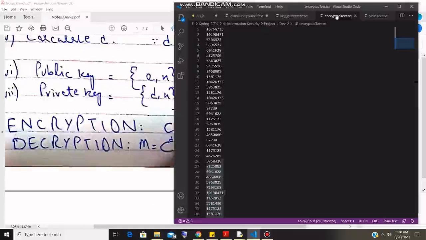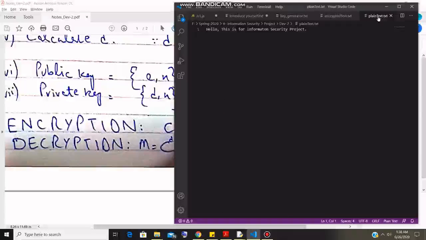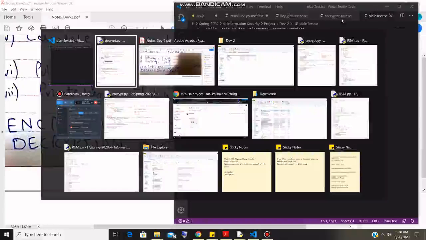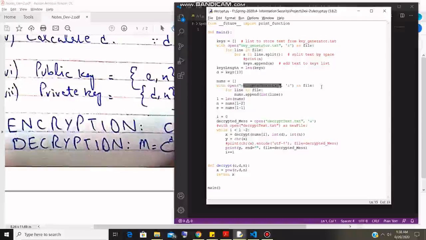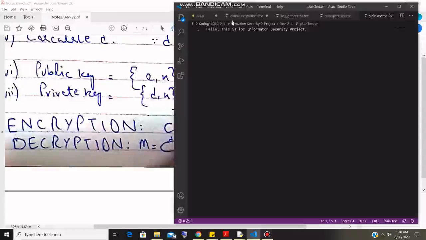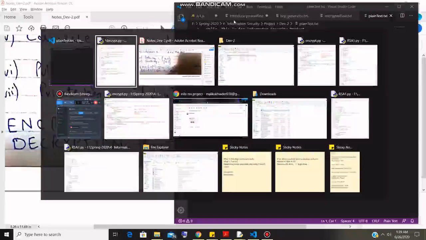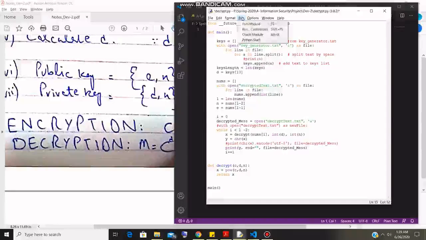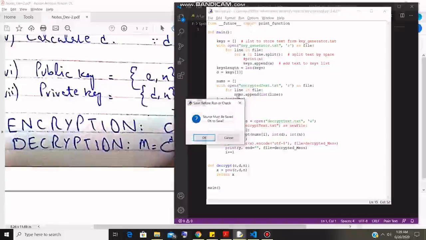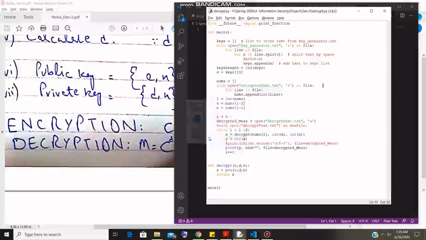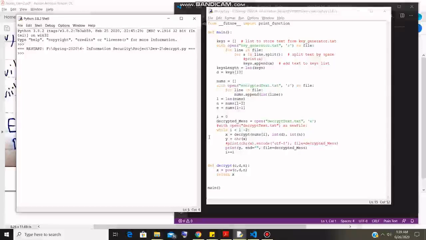That was our encrypted file that was basically encrypted from our plain text. So now let's decrypt it back by using the same formula that we discussed. Okay, so let's run this. Yes, save it before running.